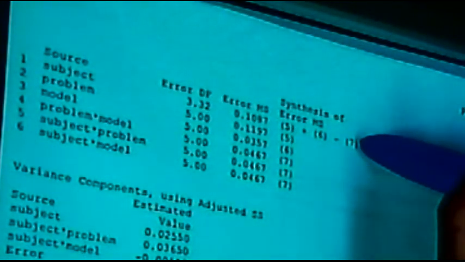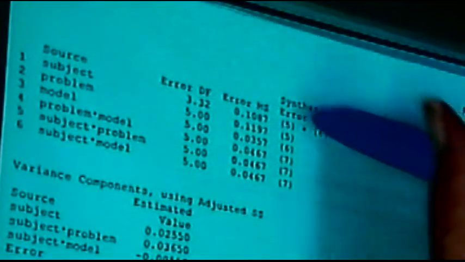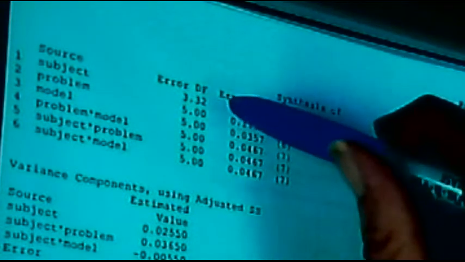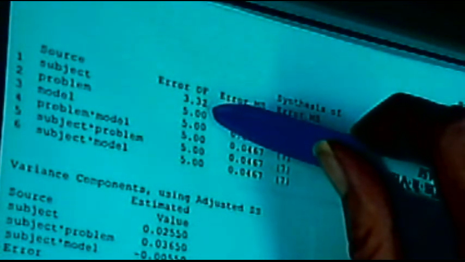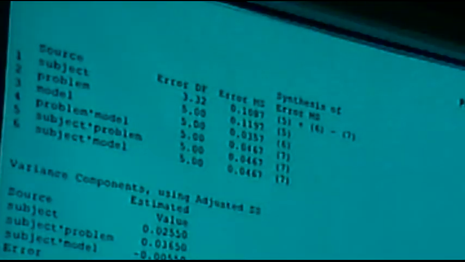Apparently, if you go back to the expected mean square column on the previous page and piece together those elements, you would get what we need for the expected mean square for subjects. And you can further notice the error degrees of freedom. 3.32 is not an integer, but it's using the Satterthwaite approximation there. And you've got that many degrees of freedom.